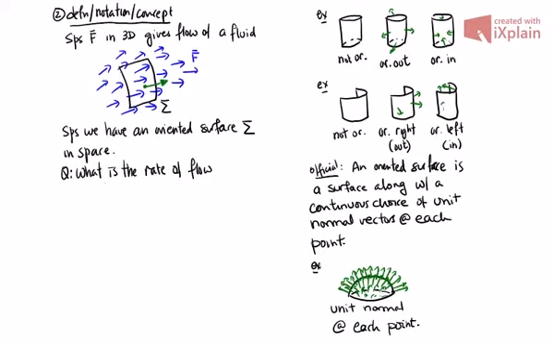It's sort of rate per unit area, if you like, or total rate overall. So what is the rate of flow of fluid through the surface in the direction of sigma? Well, it's in the direction of the orientation of sigma.